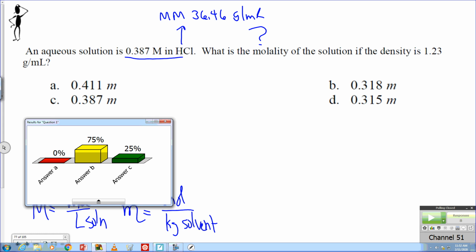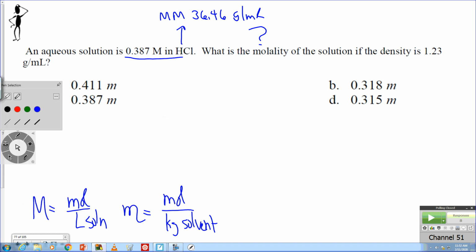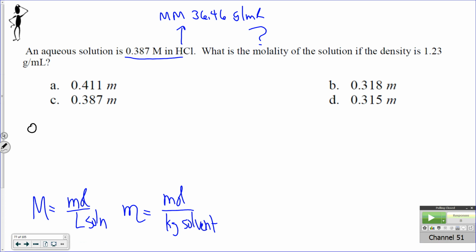So most of you went with choice B. 2 of you chose choice C, but I don't know what the answer is, so I've got to work it out. All right. So start with writing the form of the concentration that you know. So there was 0.387 moles of HCl per liter of solution.